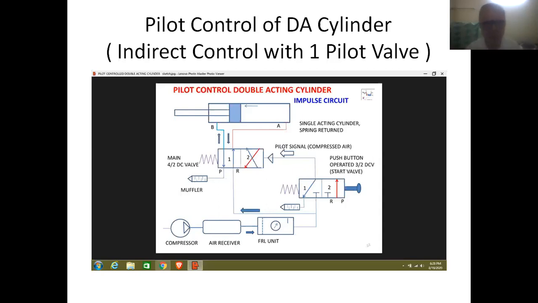So friends, both these cylinders can be used for operating the tools of the machine.